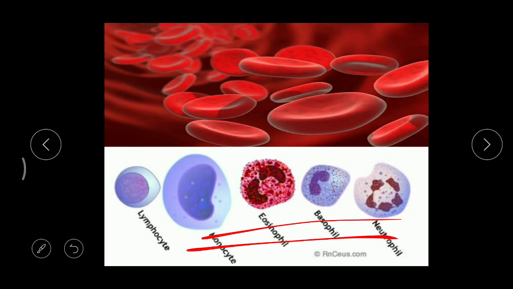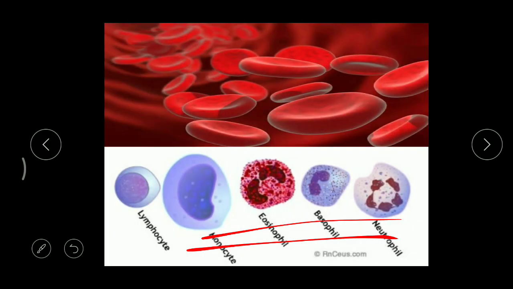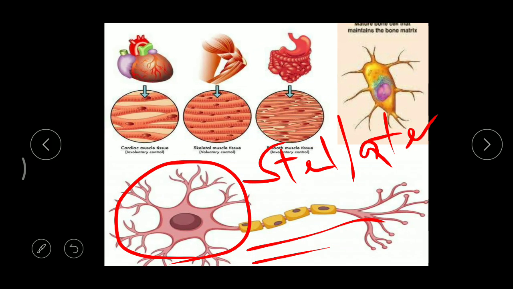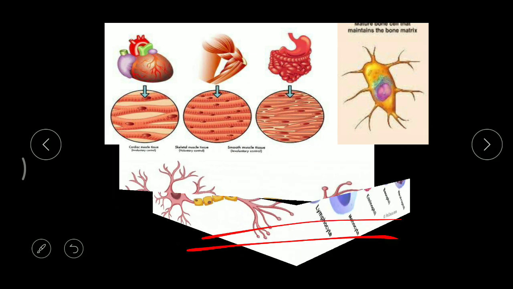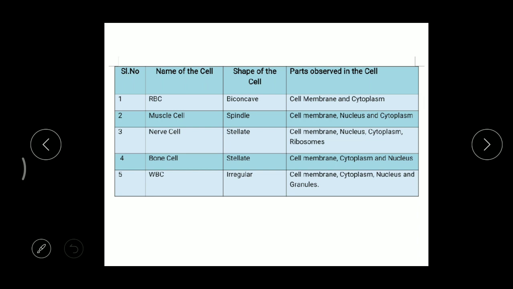By observing all these cells, we can say that cells have different sizes and shapes. Now, in your textbook, you can find a table, and in this table you can find some information like serial number, name of the cell, shape of the cell, and the parts observed in the cell.